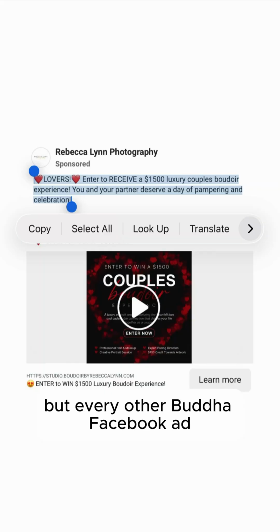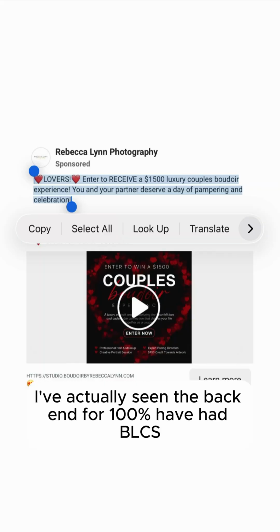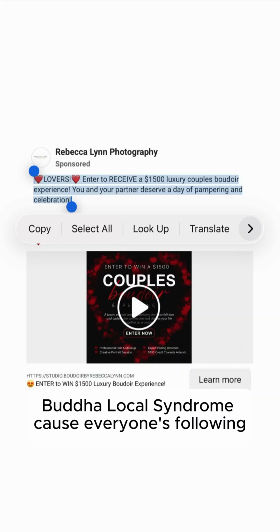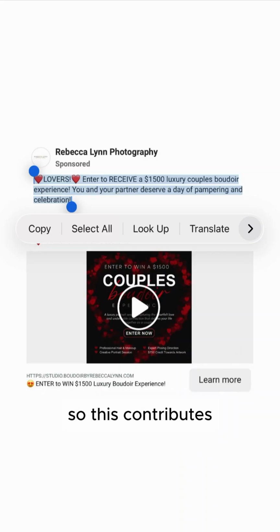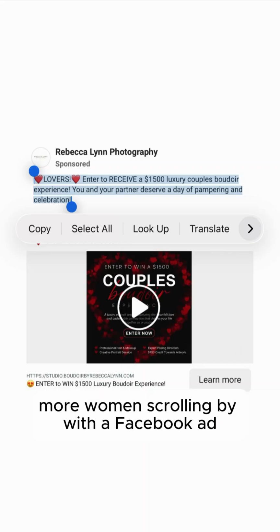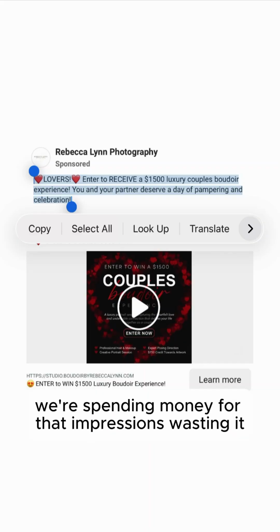But every other boudoir Facebook ad I've actually seen the back end for, 100% have had BLCS, boudoir low click syndrome, because everyone's making the same mistakes. So this contributes more women scrolling by our boudoir Facebook ad than necessary. We're spending money for those impressions, wasting it.